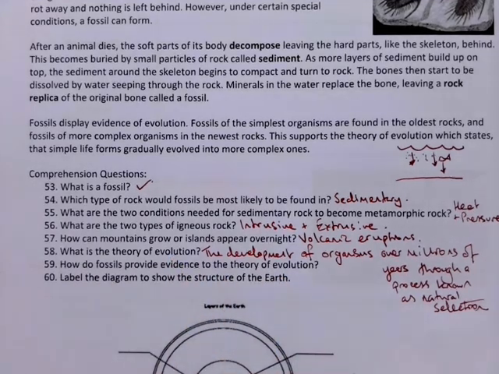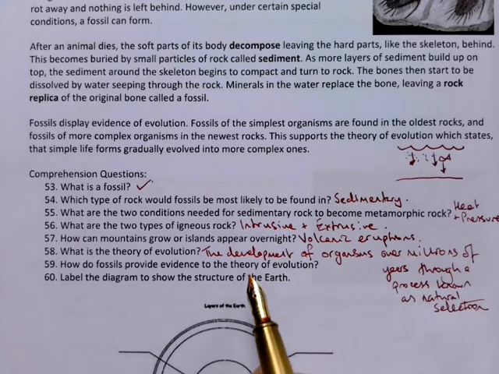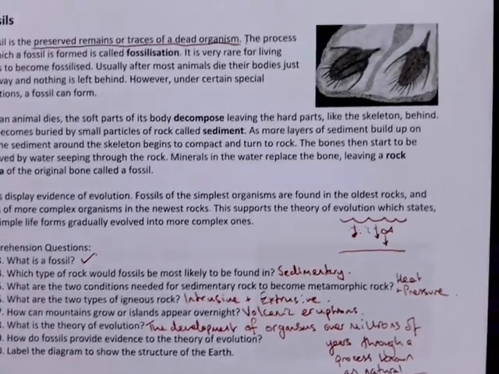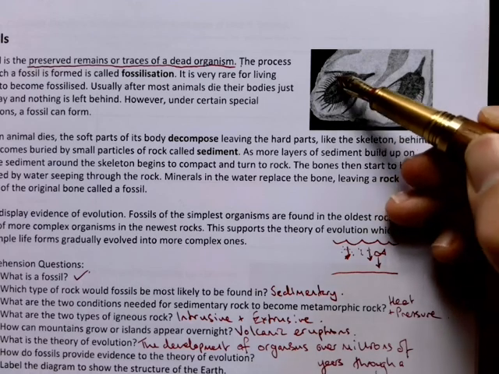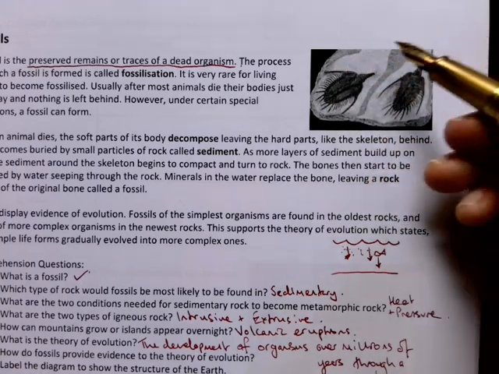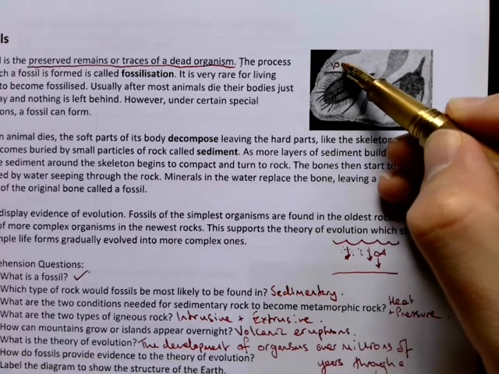This is a little bit more difficult. What we can do is see the development of the organisms in the fossils. Let's imagine we might have this organism here. This might be from, let's say, 10 million years ago.